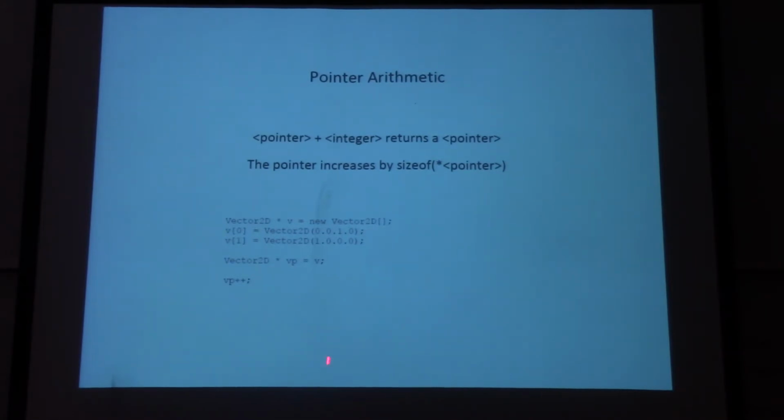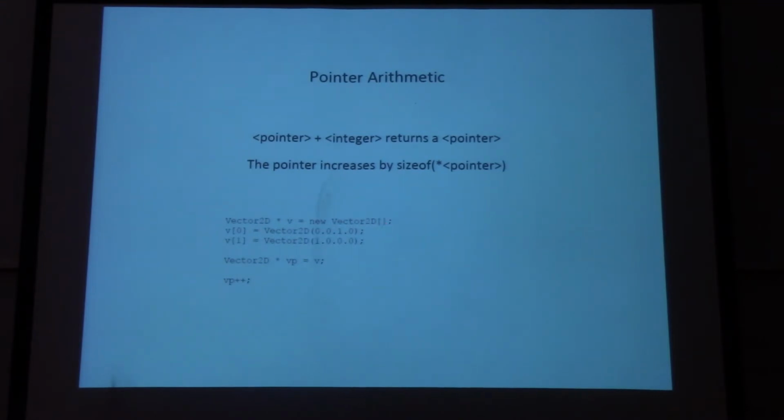Okay. So therefore, if I have a vector, so here's a vector. They should have a 2 in there. I don't know why I don't have 2 in there. Because if I'm using 0 and 1, I have to have 2 of them. So this is a pointer to a vector of vector 2D.